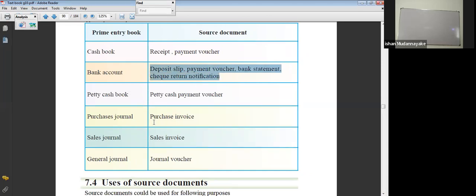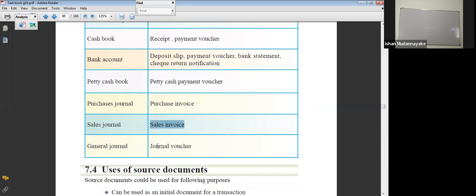For the petty cash book, the petty cash payment voucher is a source document. For the purchase journal, purchase invoice. For the sales journal, sales invoice. For the general journal, journal voucher. These are the primary books and the relevant source documents. We can discuss these again when we prepare the primary books.